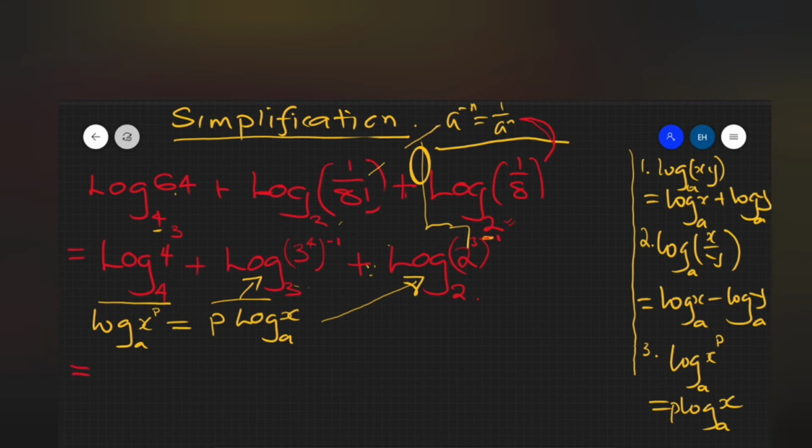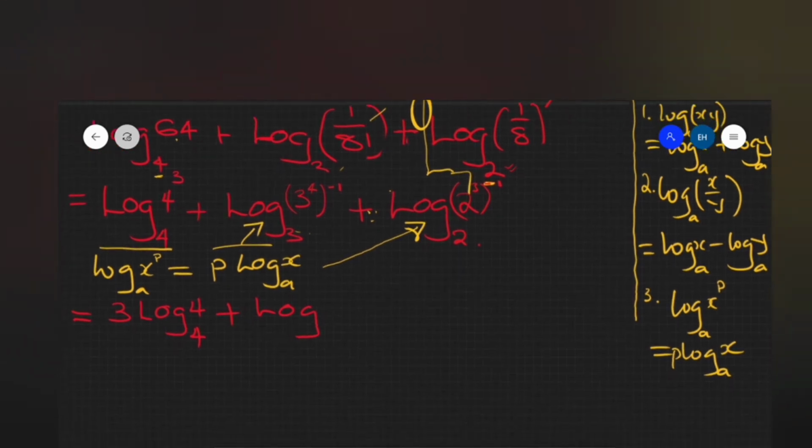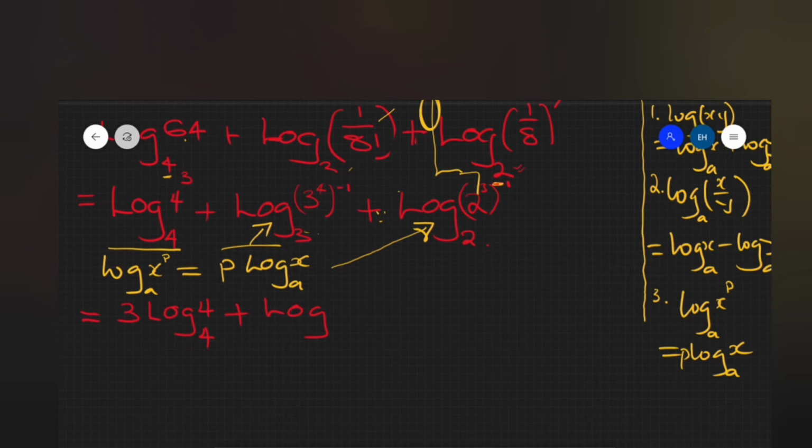Okay, it's not magic though. It will be log 4 base 4 plus, okay, let's simplify that. It's not log 4, excuse me, it's log 3 to the power -4 base 3 plus log 2 to the power -3 base 2.